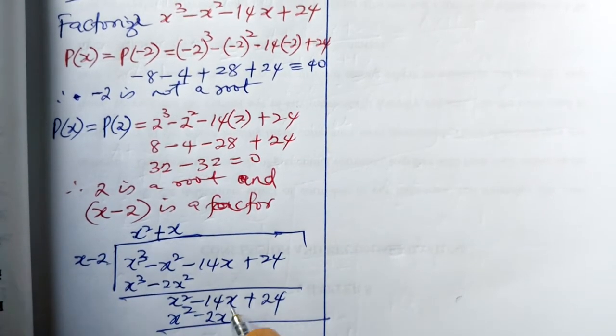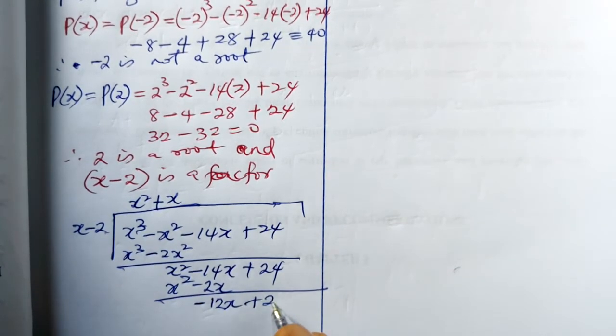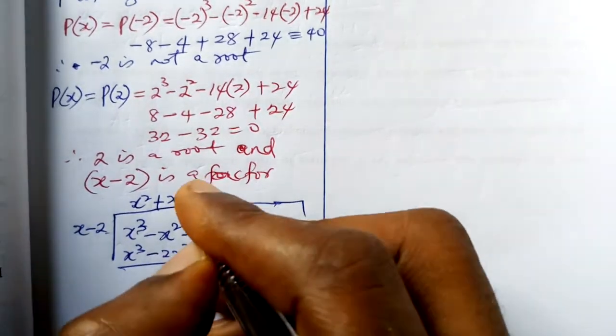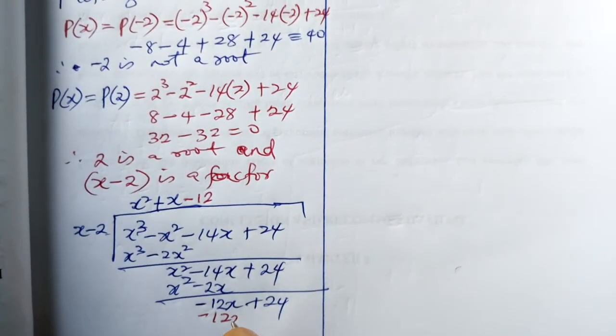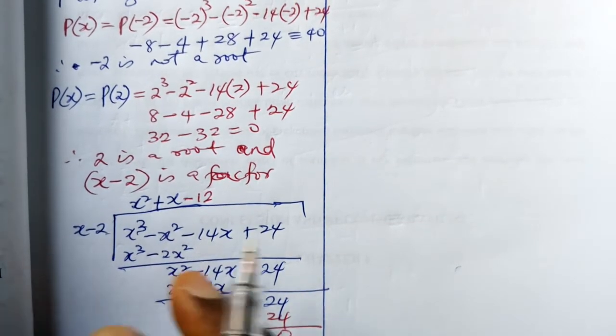So this will go minus 14, this does give us minus 12x plus 24. The next thing is minus 12 times this, minus 12x, minus 12 times this, plus 24. So there is no remainder. This will cancel this, this will cancel this. So remainder is 0.